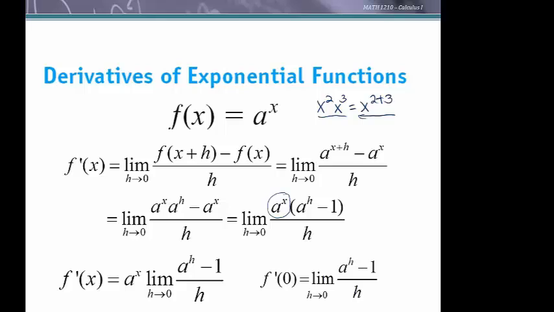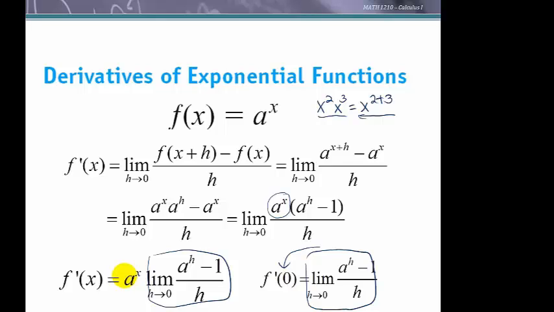If the function a to the x is differentiable at 0, then it would be differentiable everywhere, and f prime of x would equal, because we could replace this piece with f prime of 0, the derivative evaluated at 0 multiplied by the exponential function.